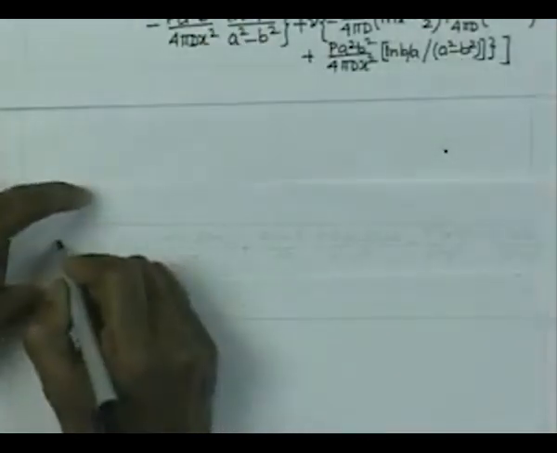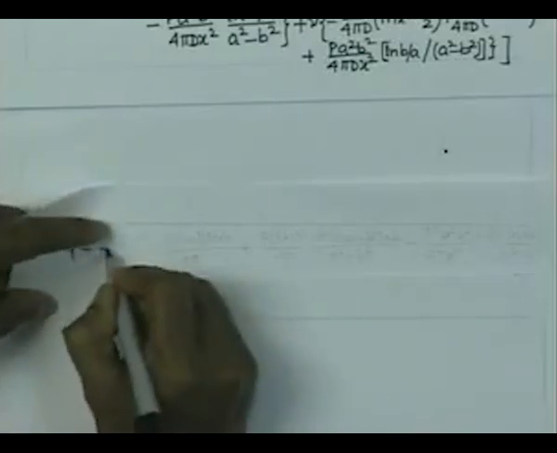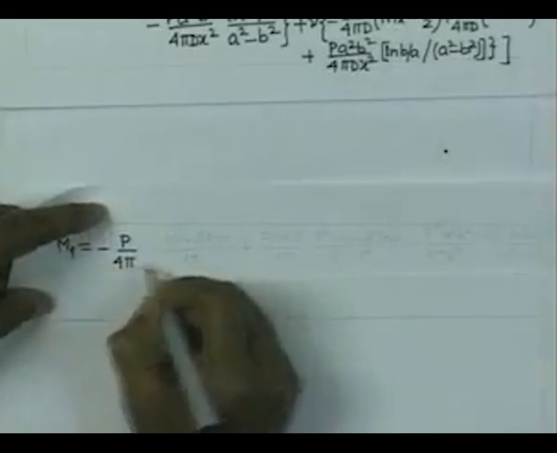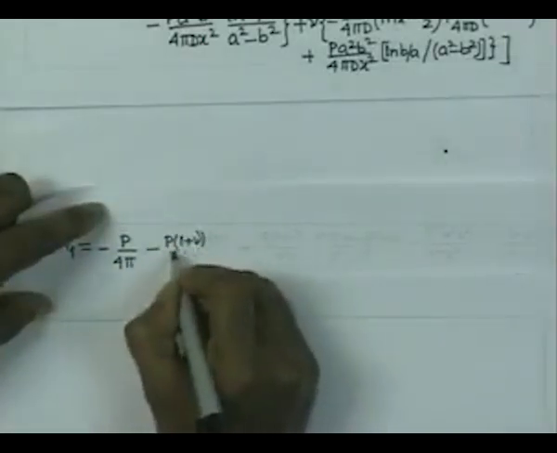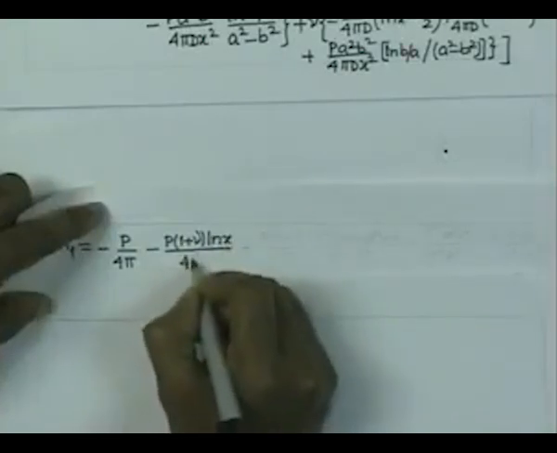Similarly, we can really have some simplification for this expression, and we can write it a little in an eta form. So, if we write that in a simplified form, some cancellations are possible. So, we can write now m1 is equal to minus p into 1 plus nu ln x by 4 pi.